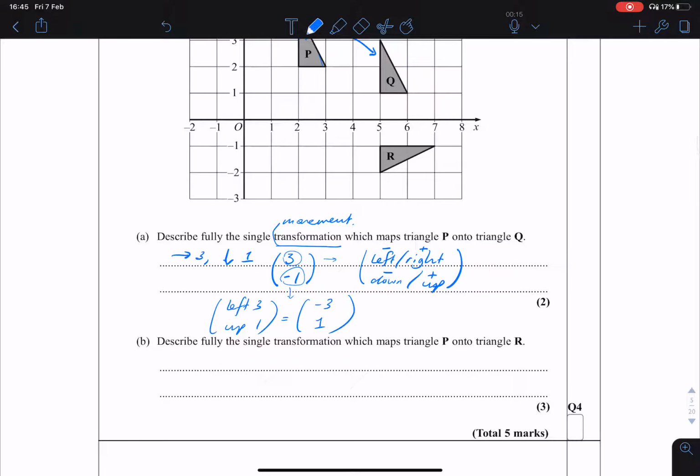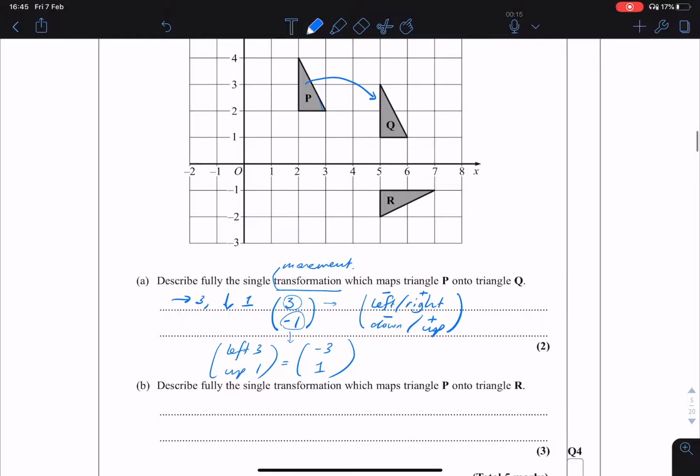Part B. Describe the transformation which maps triangle P onto triangle R. Okay. Now, the first thing I can see is that it's rotated, because if I look at the corner point, I can see that this line here turns into that line there. So it must have rotated in some way.